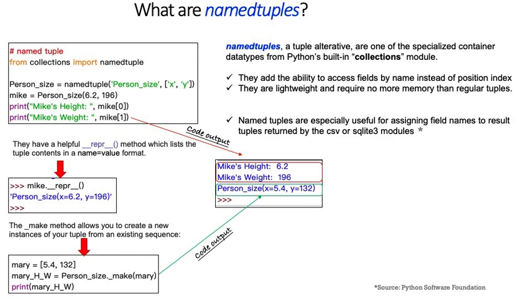So now, using our same person_size, I do Mary equals 5.4, 132, so that's a list. And then another variable, Mary_H_W, standing for height and weight, equals person_size._make(Mary). So now when I print out that variable, it does the same exact thing as for Mike. So it's like another instance of this named tuple.